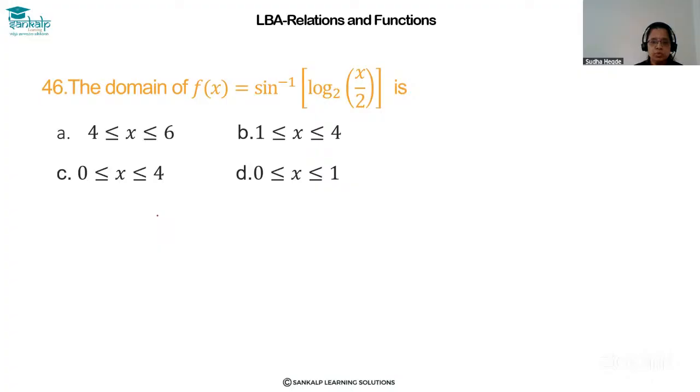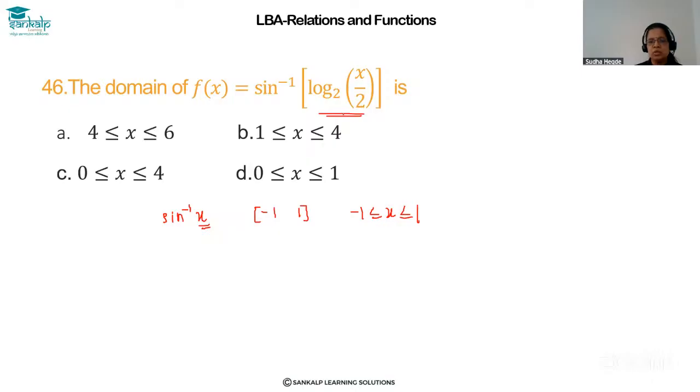So you know the domain of sine inverse x is -1 to 1. That means x should lie between -1 and 1. That is the domain. Instead of x, you have this value here.